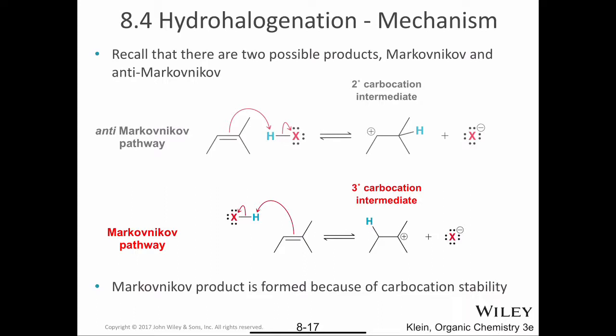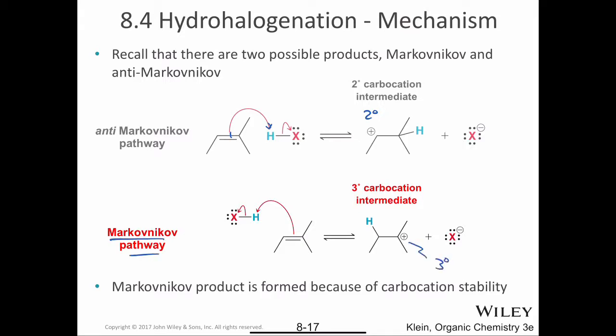So if I were to draw the mechanism of the pi bond attacking HX and taking on the proton, or the alkene becoming protonated, I end up with a secondary carbocation. So this is a secondary carbocation, whereas if I draw the mechanism using the Markovnikov pathway, then I get a tertiary carbocation.